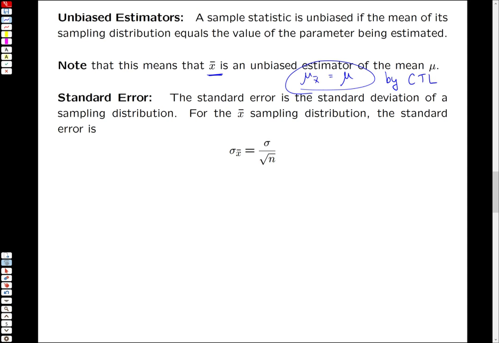The standard error is the standard deviation of a sampling distribution, and it is this formula right here. Sigma X bar is your standard error. So they just gave them some names. That's all they did.